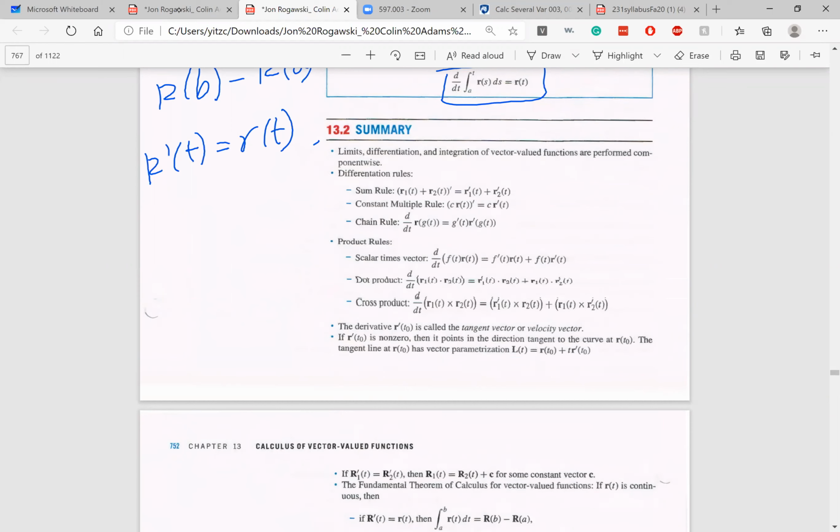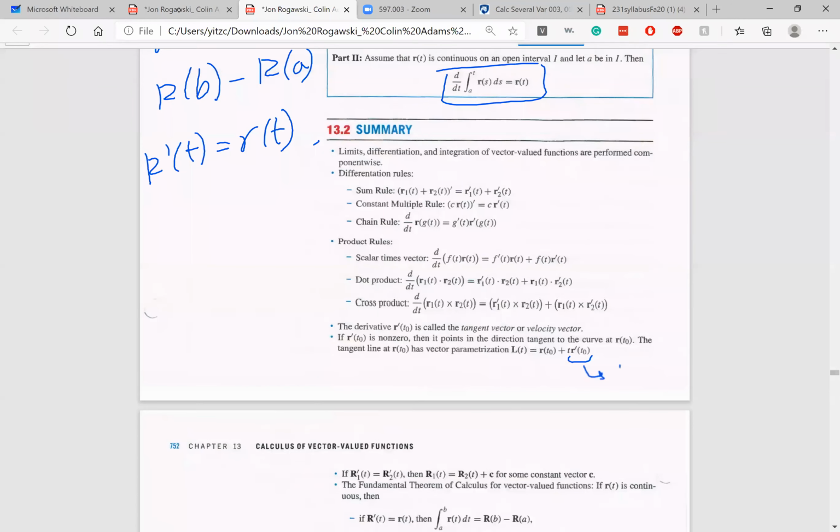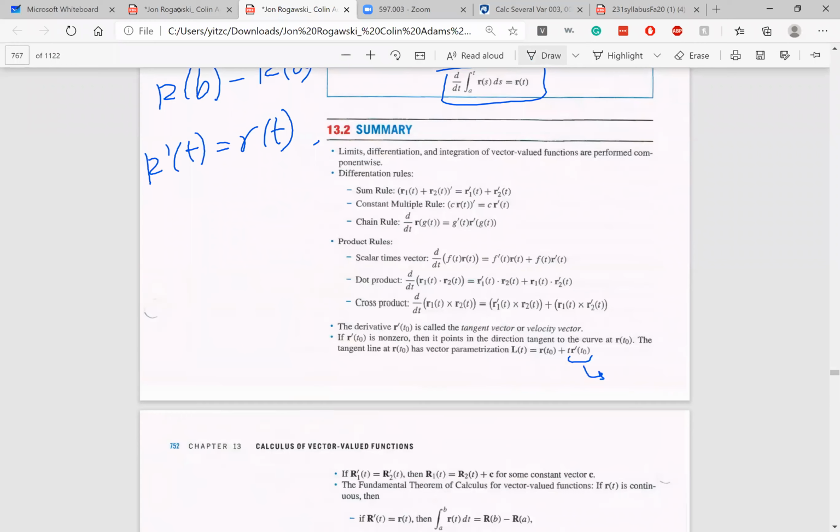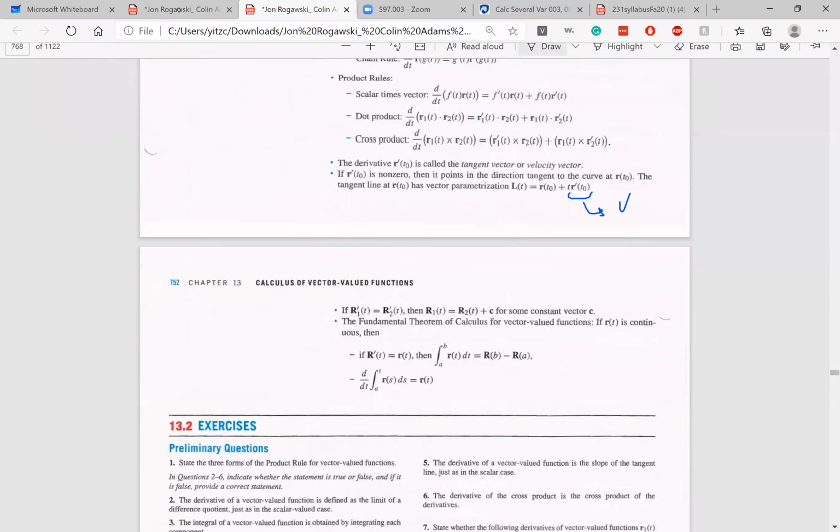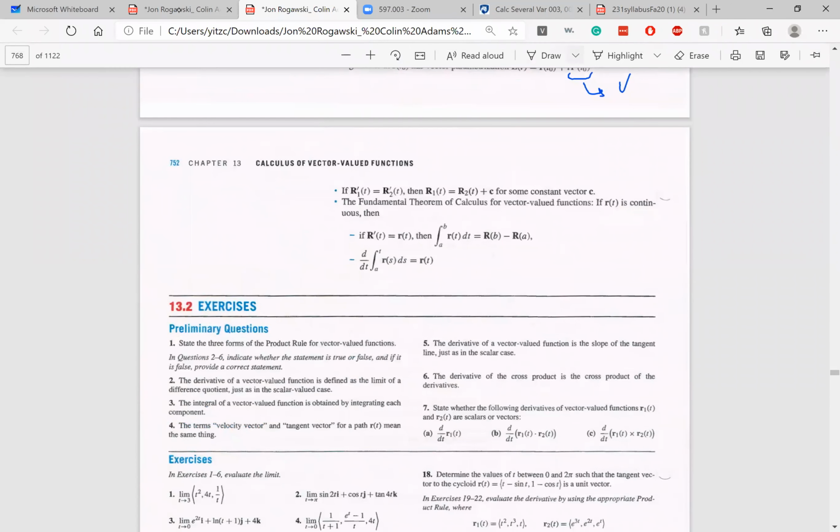We said that the derivative at some point is the tangent vector to that curve at that point, and that the tangent line at that point is r of t0, the point where we start, plus t times r prime of t0, and that this over here is your v. Then we had the two parts of the fundamental theorem of calculus, part 1 and part 2.